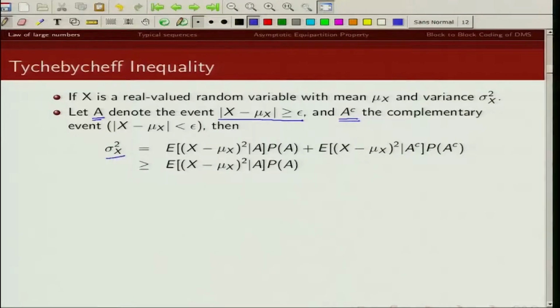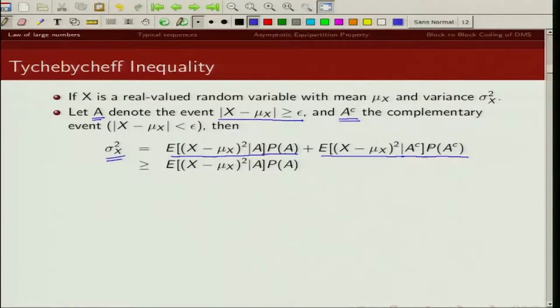We know the variance sigma square is given by the expected value of (X minus mu_x) whole square. We can write this as the expected value of (X minus mu_x) square given event A has occurred, multiplied by the probability of event A, plus the expected value of (X minus mu_x) square given the complementary event of A has happened, multiplied by the probability of the complementary event.